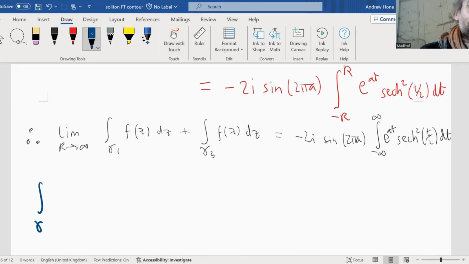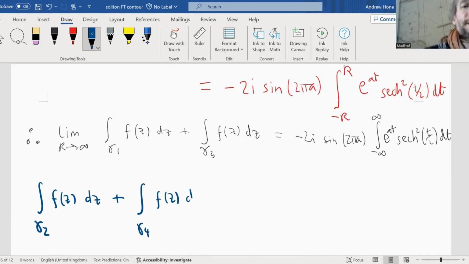So the integral along gamma 2 of f(z) dz plus the integral along gamma 4 of f(z) dz. So now I'm going to introduce, along gamma 2, a real parameter s, let's say, which is going to run from minus 2 pi up to 2 pi.